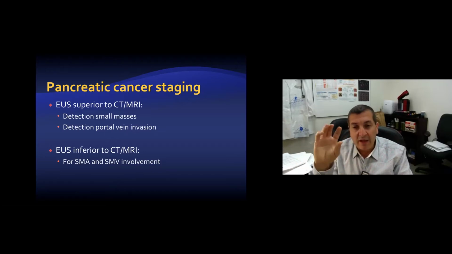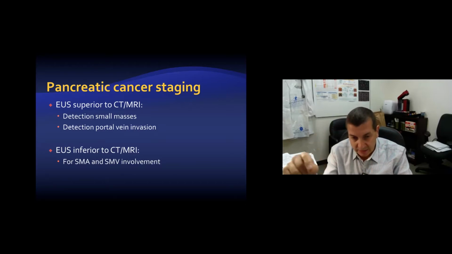So again, with the advancement of high resolution CT scan and MRI, surgeons do request CT and MRI to stage pancreatic tumors, and they don't rely just on EUS for staging. But if any of those modalities shows invasion into a vessel, they are usually superior to the other modalities. So as you can see, we can detect invasion that is not detected by the other ones, and they can detect invasion that is not detected by us.